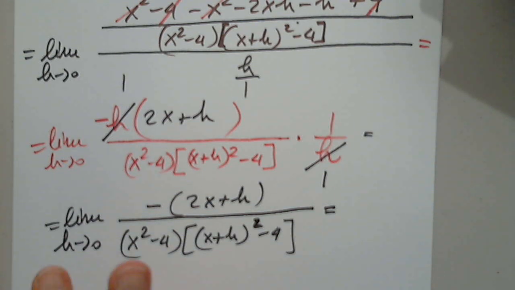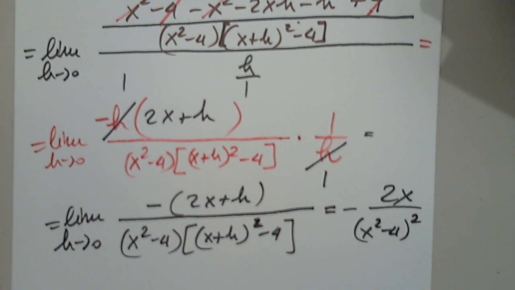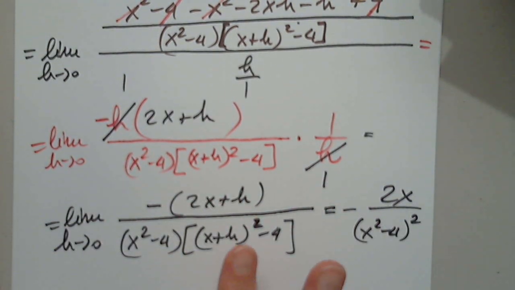Because I applied the limit operator, it disappeared. Would it be negative 2x over x squared minus 4 squared? That's it. H disappears, so I only have negative 2x. H disappears, and I have x squared minus 4. x squared minus 4 times x squared minus 4 is x squared minus 4 squared. Awesome.